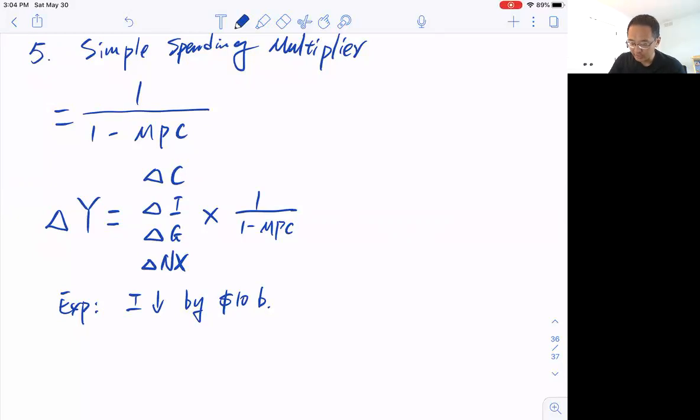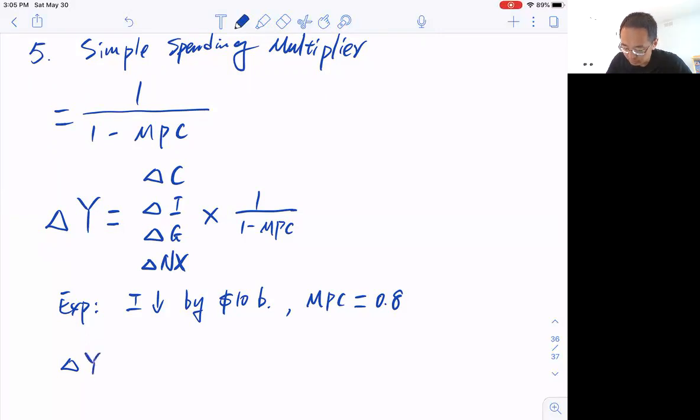At the same time, let's assume the MPC for America, for our overall economy, is 0.8, okay? So that means if you take the American society as a whole, when we make more money, we spend 80% on average, okay? So we can figure out, well, what effect will firms spending $10 billion less on investment have on our GDP?